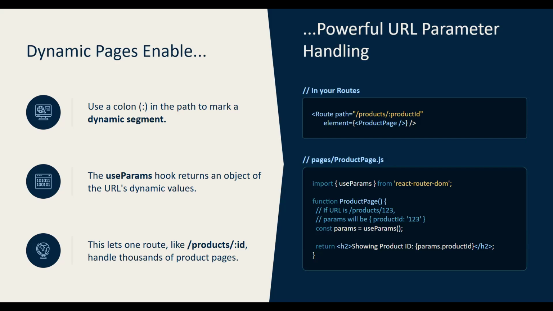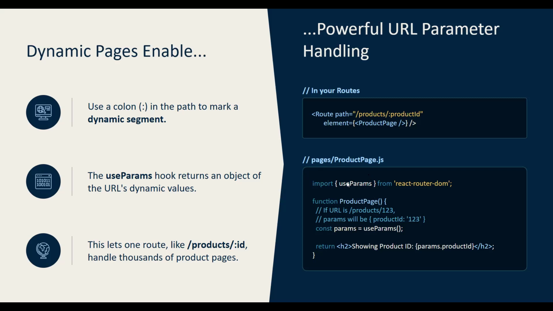So we create a dynamic segment by placing a colon before part of the path. So a route like products slash :productId means that productId is the variable part of the URL. Then, let's say the user wants to visit product ID 123, React Router would match that route, and it gives us access to the value 123 as well.